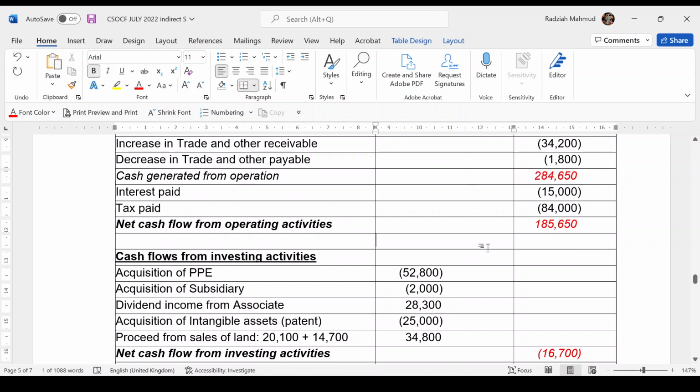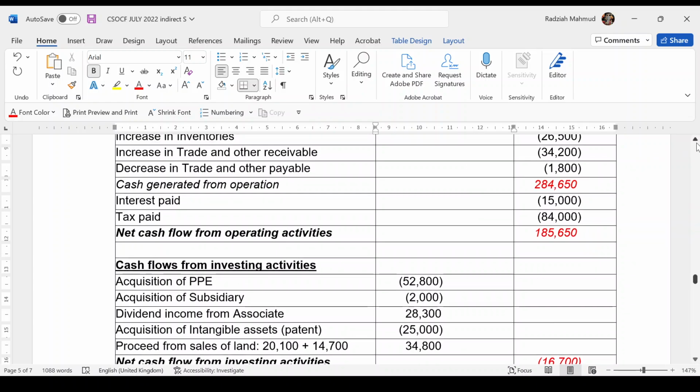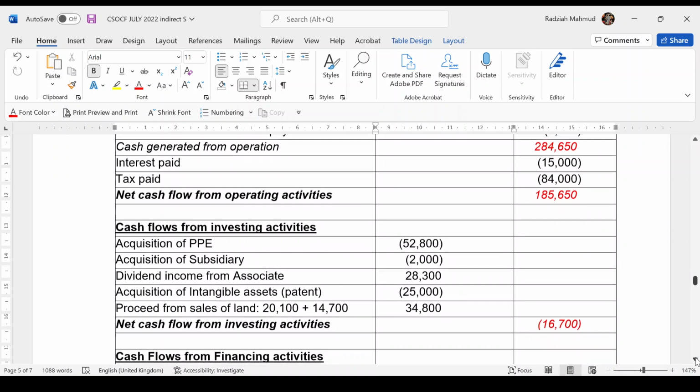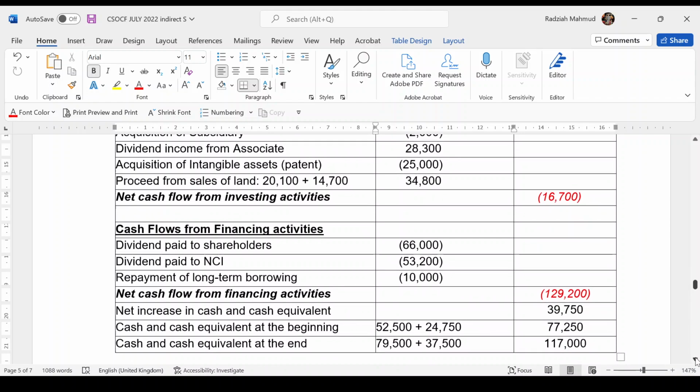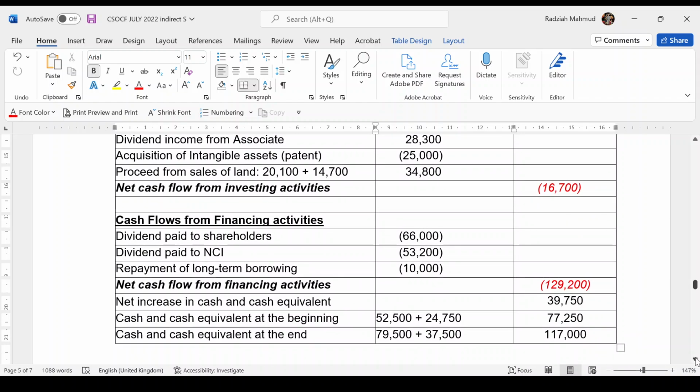Okay, so I just put in the figure for checking purposes. Remember in the exam, the figures in red are not given marks, so don't waste your time doing it. So I think that's all for this question.